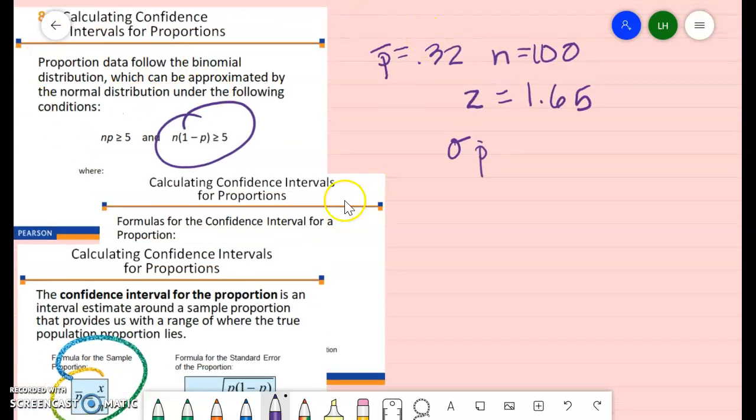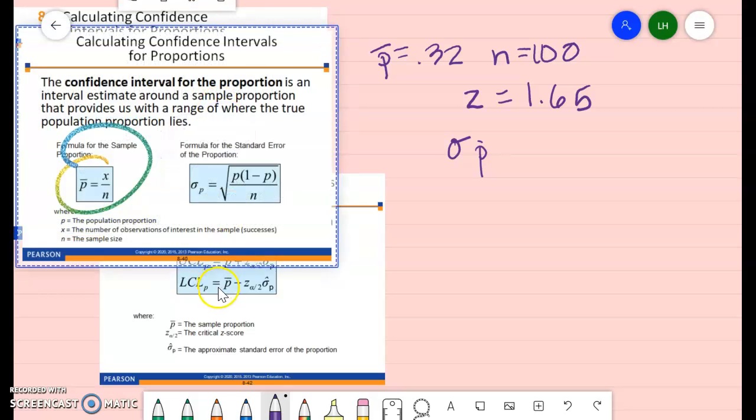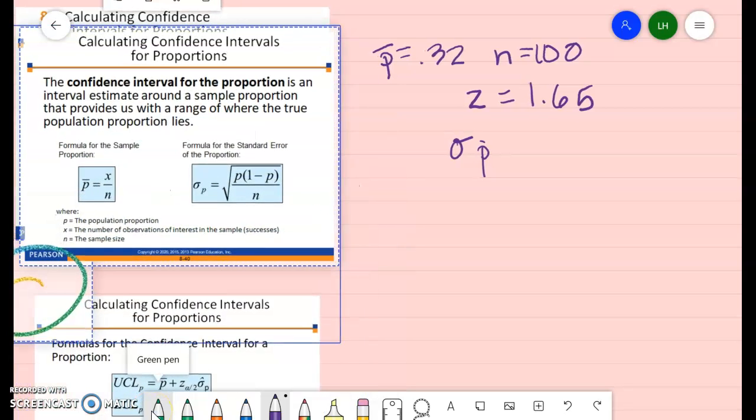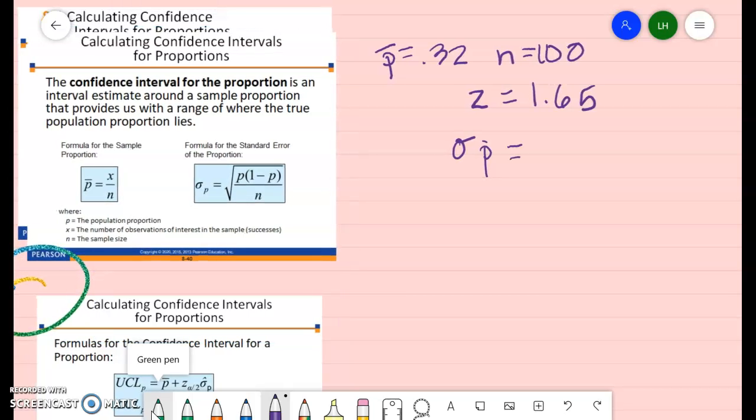And now let's look at the standard error of the proportion. So we're going to do the square root of p, which is 0.32, times 1 minus p divided by n. So you're going to do 0.32 times 0.68, and n is 100.